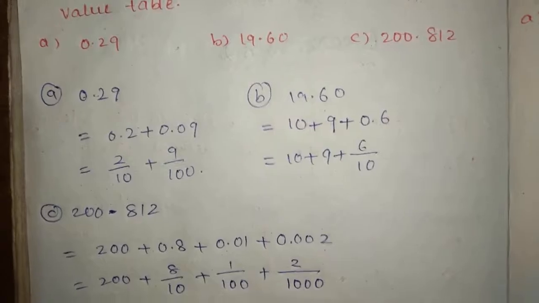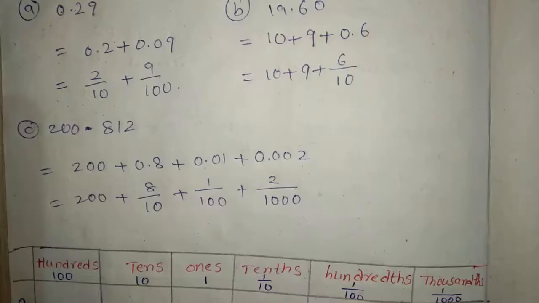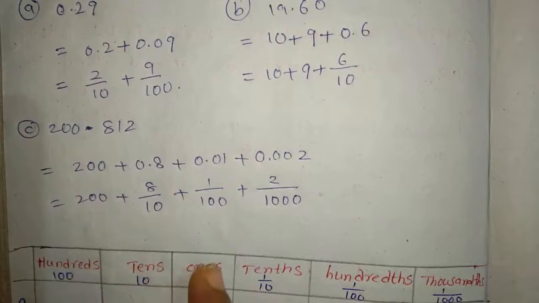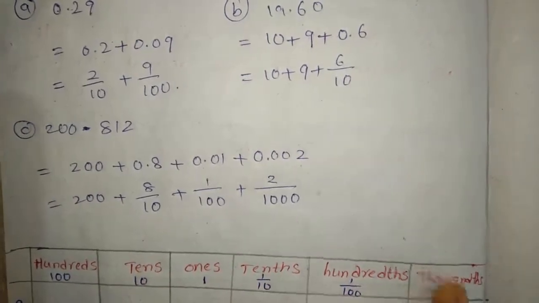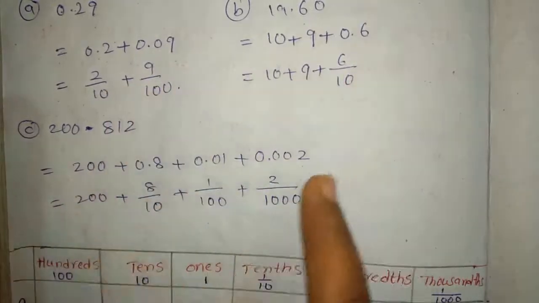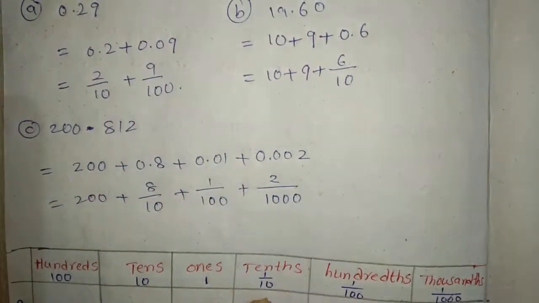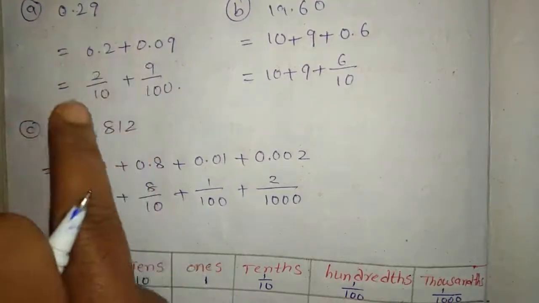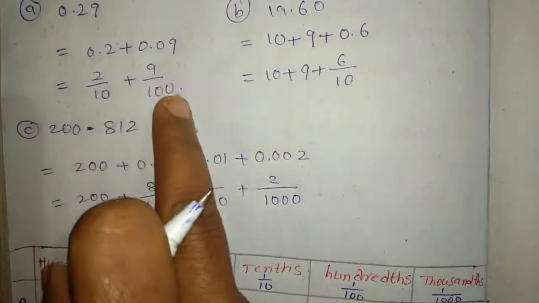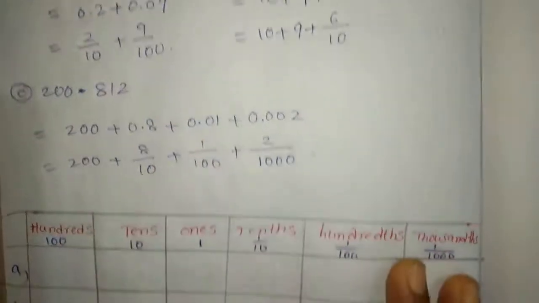Now, draw the place value table: hundreds, tens, ones, tenths, hundredths, thousandths. Now, write these decimal forms in this place value table. First, 0.29, that is equal to 2 by 10 plus 9 by 100.